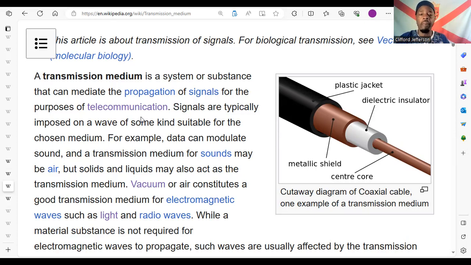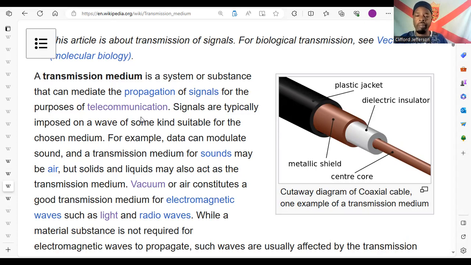You can pick up the phone right now and call somebody in Omaha, Nebraska, and light travels at the speed of 186,252 feet per second. So we know that light travels quick. Signals are typically imposed on waves of some kind suitable for the chosen medium.